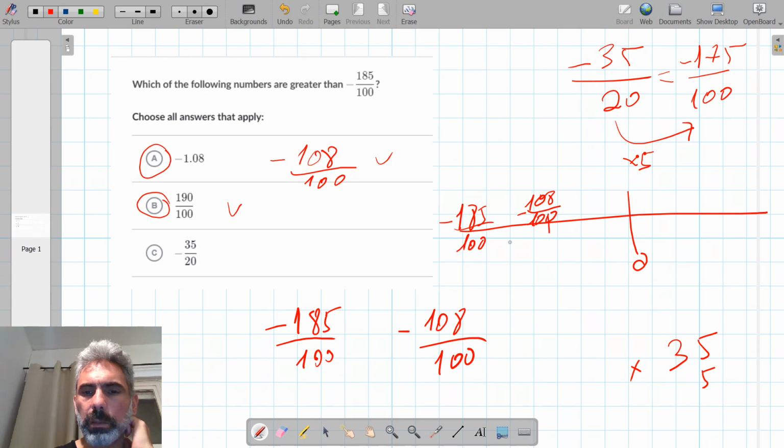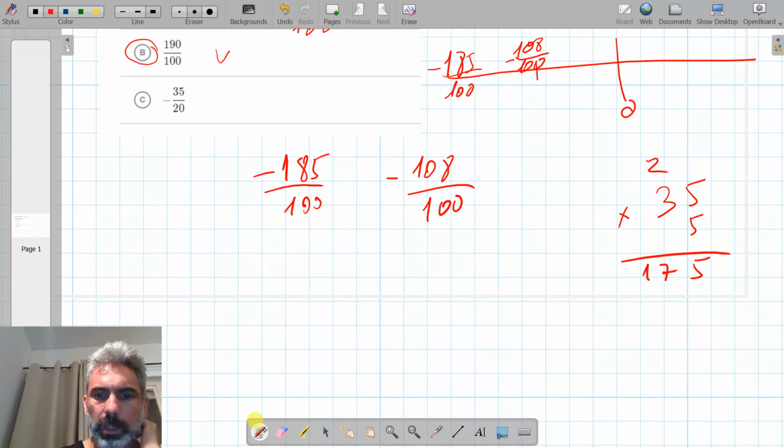And it is still to the right of 185 on the number line. 5 times 5 is 25, 5 times 3 is 15, plus 2 is 175.